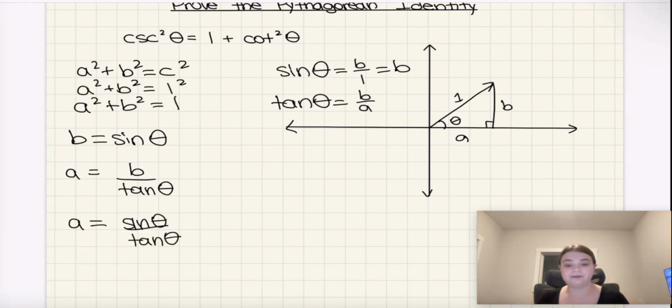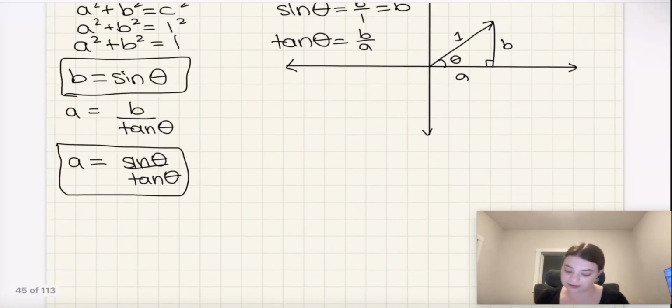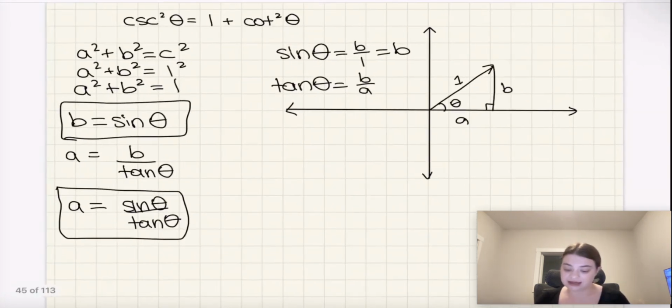So there we go. Now I'm going to sub in this value for a and this value for b into a squared plus b squared equals 1. Then we're going to simplify that as much as we can in order to end up getting cosecant squared theta equal to 1 plus cotangent squared theta.